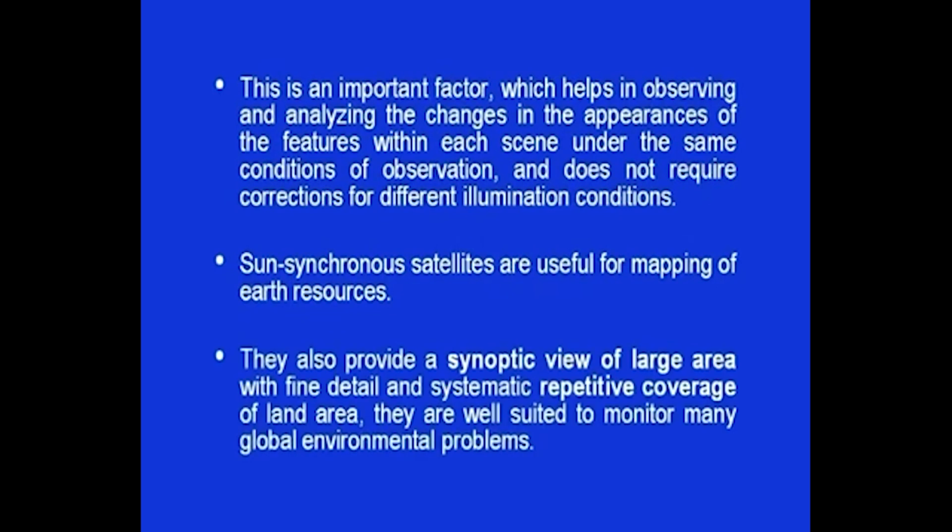They also provide a synoptic view of a large area with fine detail and systematic repetitive coverage of the land area. They are well suited to monitor global environmental problems. Now let us look at some of the important remote sensing satellite missions.